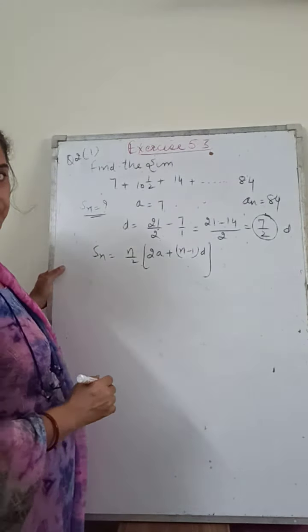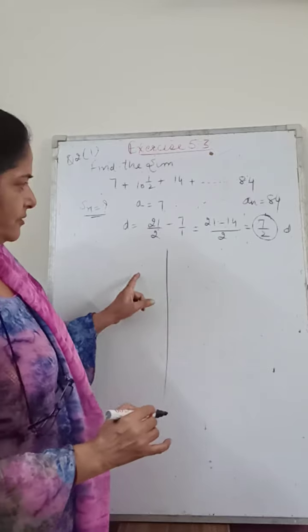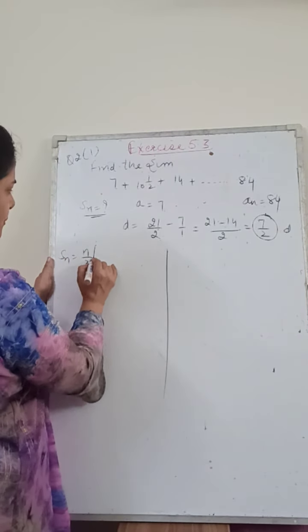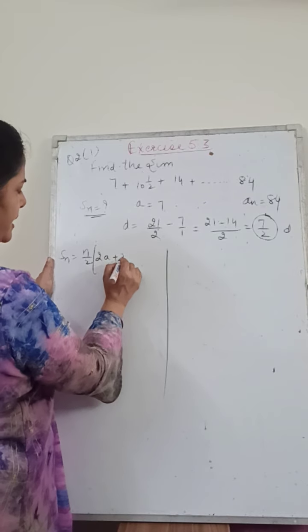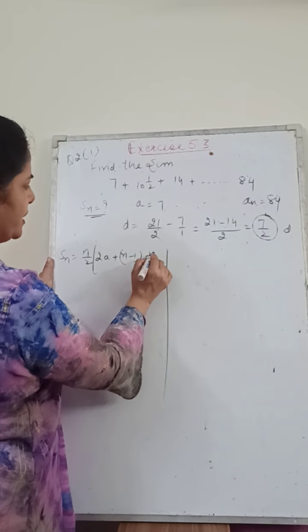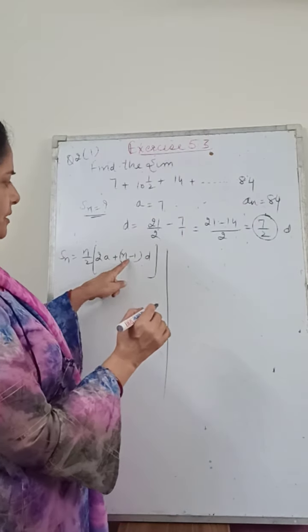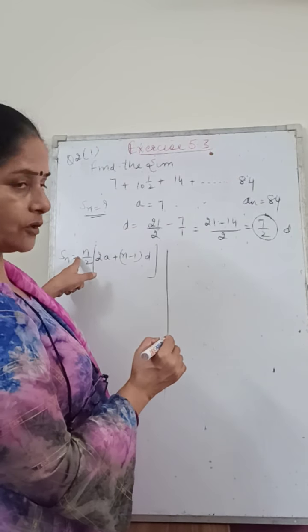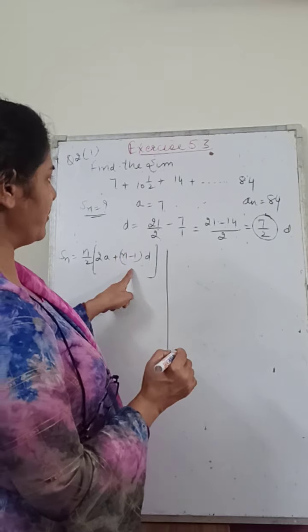Here an is given. I want Sn, n by 2 into 2a plus n minus 1 into d, but n is not there. I want n. Got it?